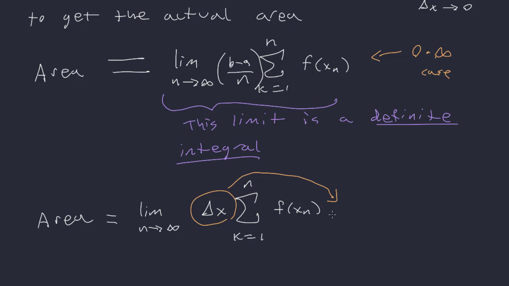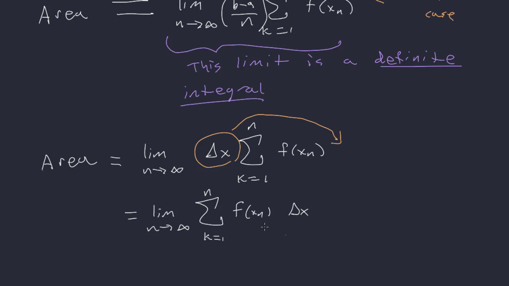But if we move this inside, and we remember that the same with derivatives, when delta x goes to 0, we write that as a dx instead of a delta x, right? The derivative is delta y over delta x, where the delta x and delta y are going to 0, so they become dy dx.